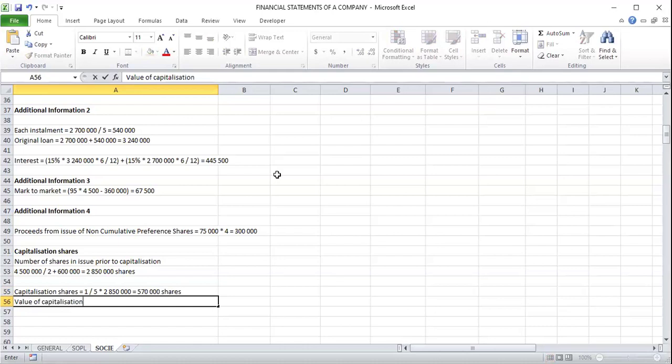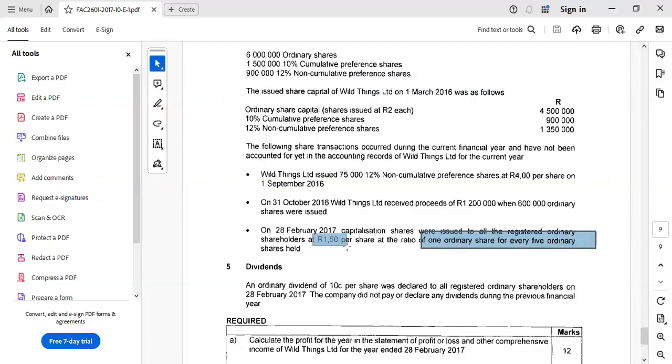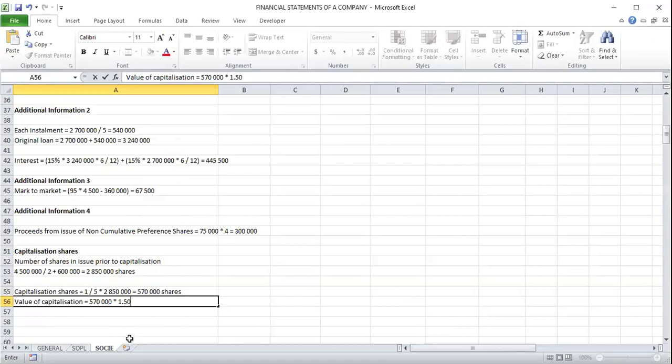We'll now say 570,000 multiplied by the value per share. We are told that these shares were issued at 150 per share. So multiply by 150. $855,000. Thank you, sir.